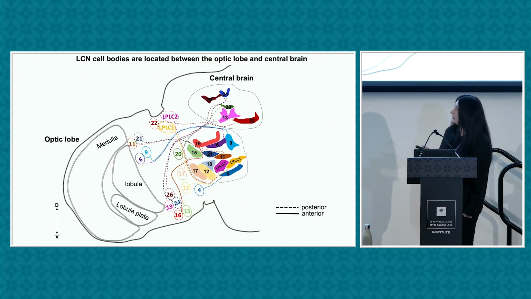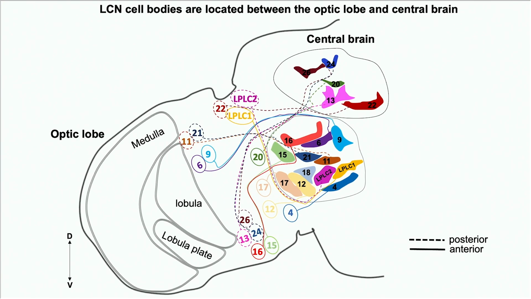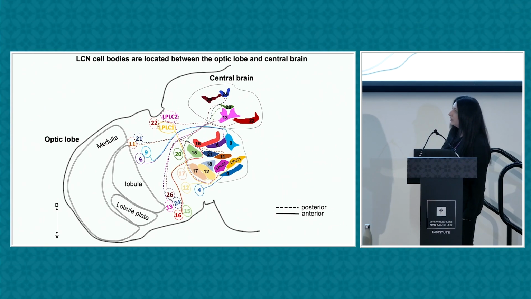And so here is a schematic that I will go over in detail, because I will be using this schematic throughout my talk. This is a schematic of an adult fruit fly brain, and on this side we have the optic lobe with the different neuropils, the medulla, lobula, and lobular plate. And on this side we have the central brain.